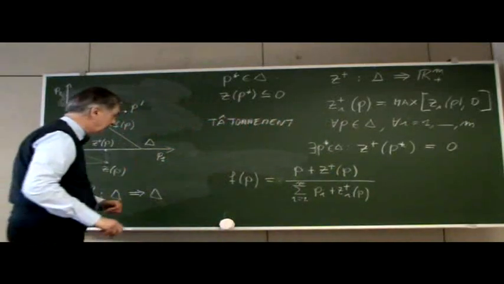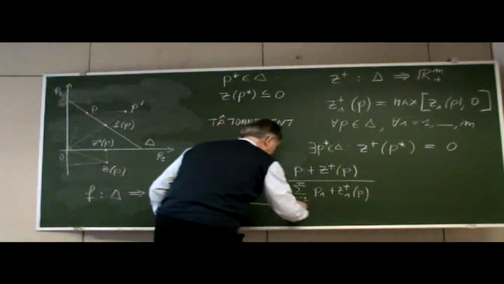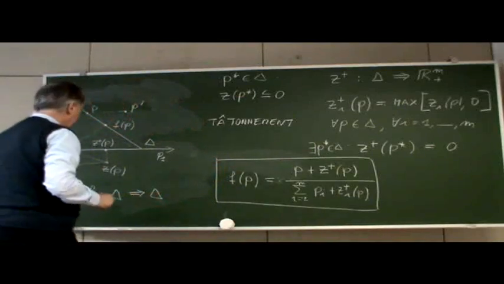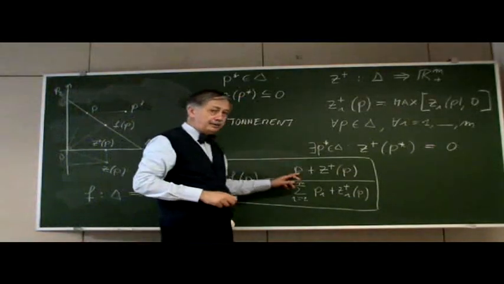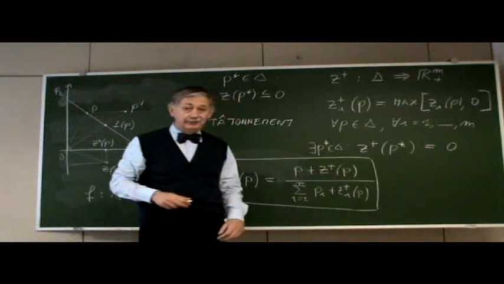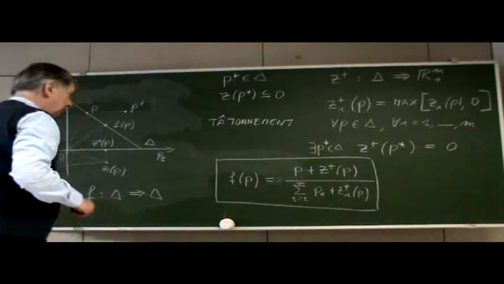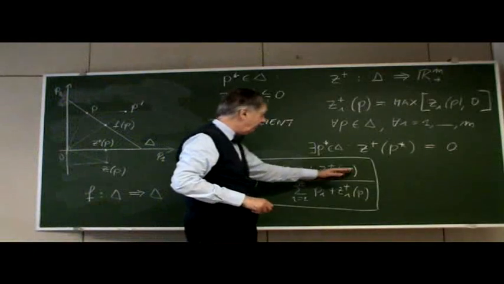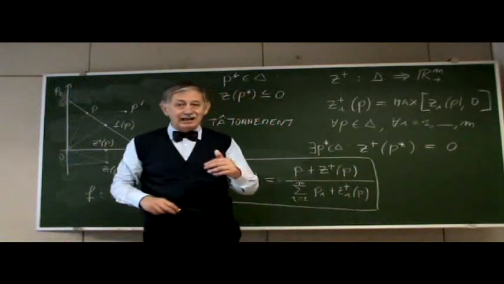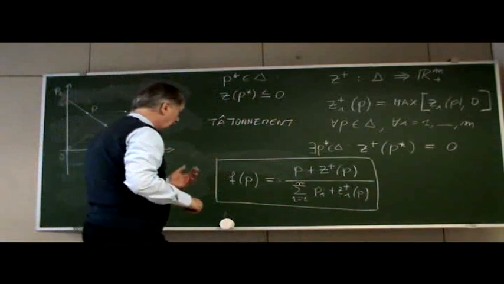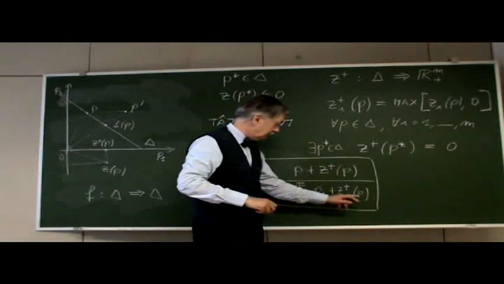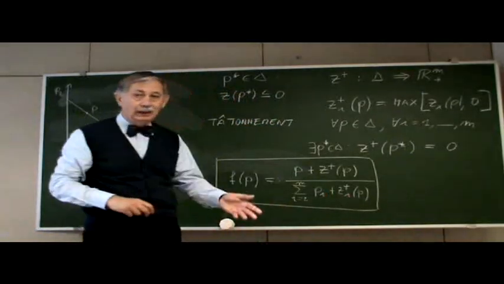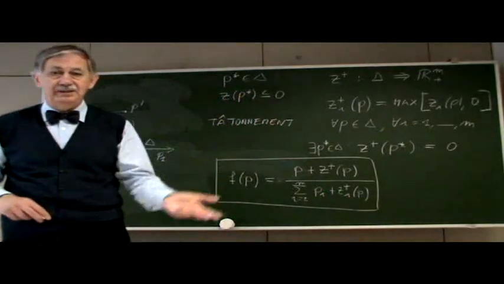This is the exact definition of function f. I repeat, to the original price system P, add the vector of the actual non-negative excess of demand. You obtain P prime. Then divide this vector by this scalar, which is nothing but the sum of the components of this vector. Clearly, the sum of the components of f of p is equal to 1. This is simple normalization.